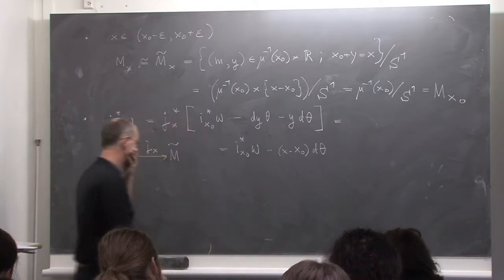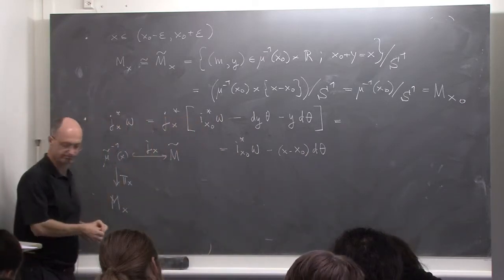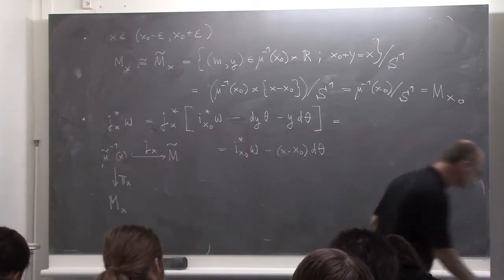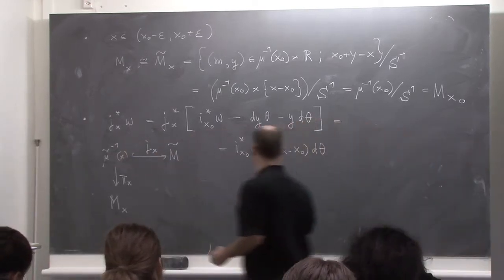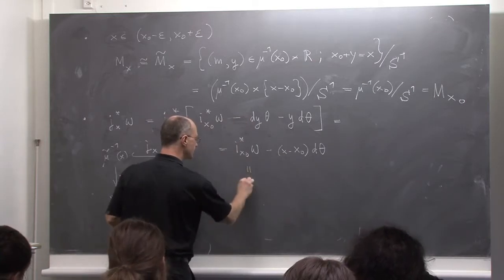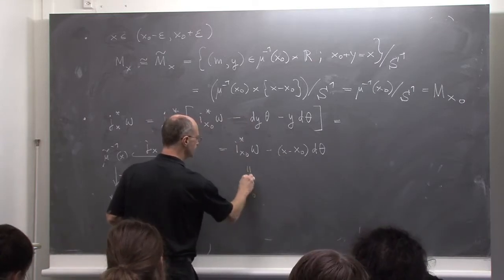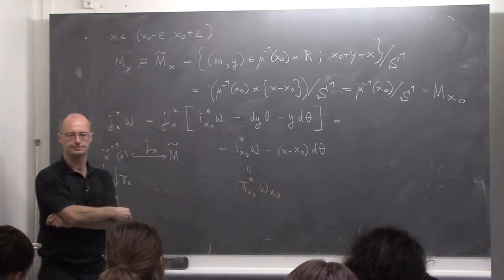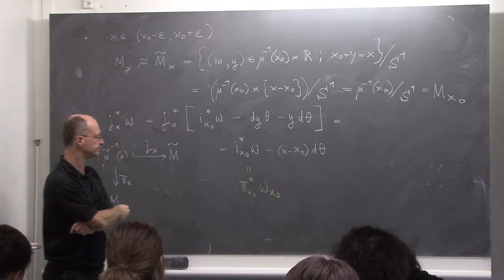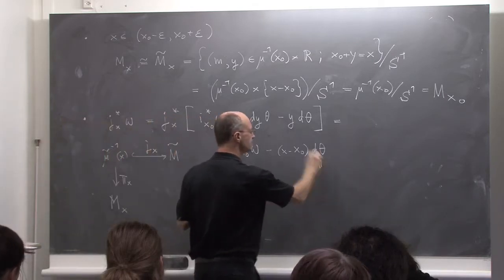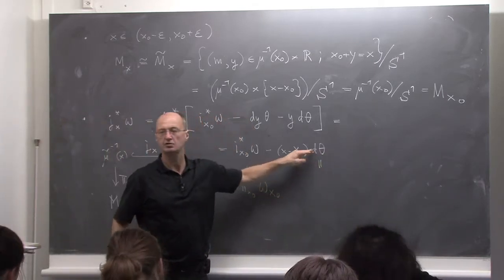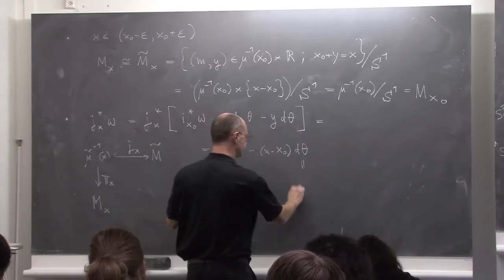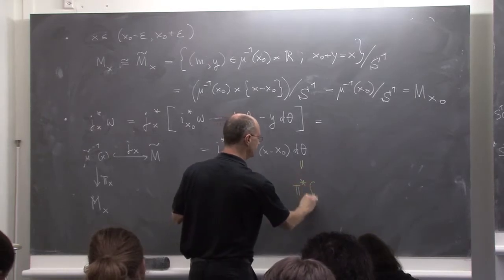D theta. But now recall that by the reduction theorem, this guy is pi_x0 star omega_x0. And what we discussed by the calculations with S1 bundles, so this guy is pi star f.